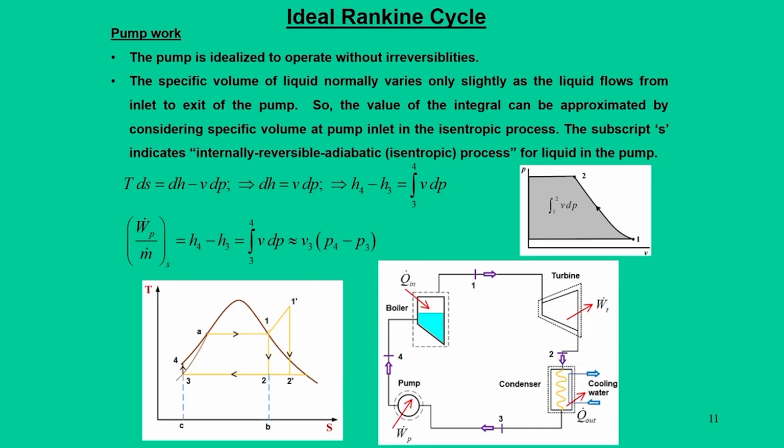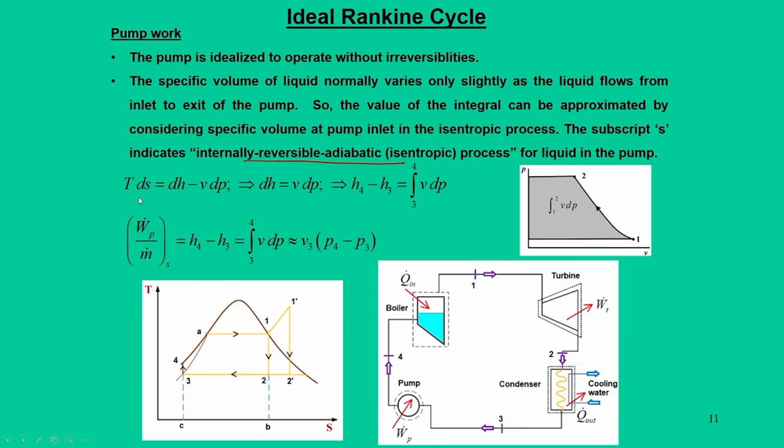That means its density or specific volume does not change. So, if we idealize this pump process, which we call an internally reversible adiabatic process, which means an internally isentropic process, then the thermodynamic equations get modified.